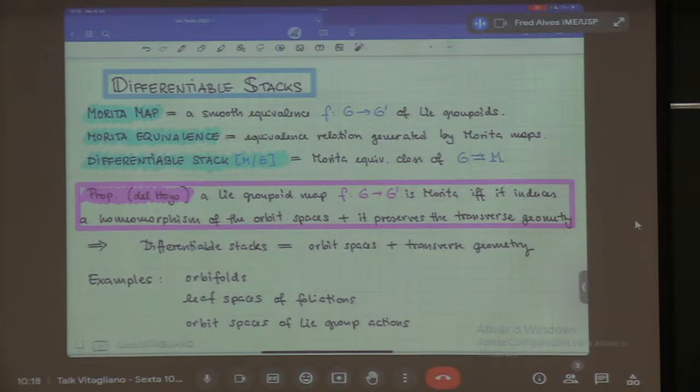In other words, we understand the differentiable stack as an orbit space of a Lie groupoid together with its transverse geometry. In particular, we can understand differentiable stacks as some kind of singular spaces, and that's very useful for our understanding. For instance, leaf spaces of foliations and orbit spaces of group actions are all instances of differentiable stacks.